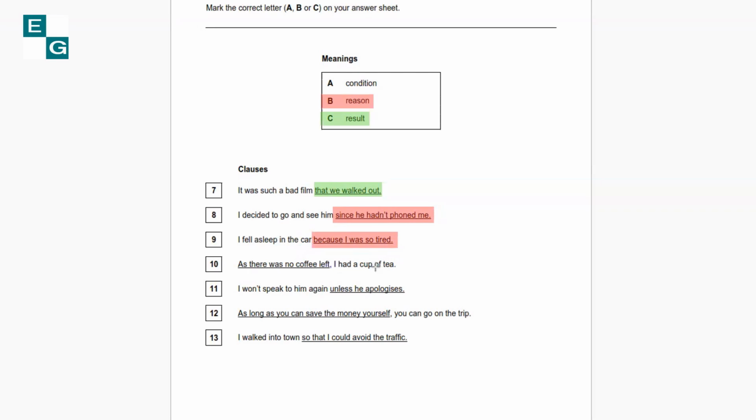And then for number 10, it says, as there was no coffee left, I had a cup of tea. So maybe we can say, because there was no coffee, I had a cup of tea. That would be another reason. The reason why I had a cup of tea is that there is no coffee left.